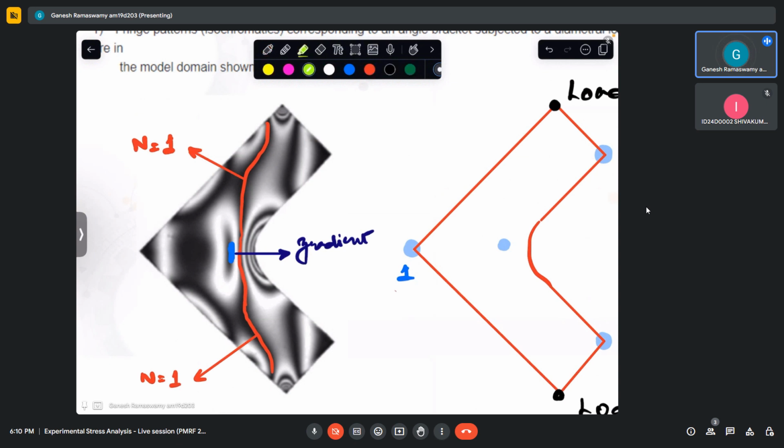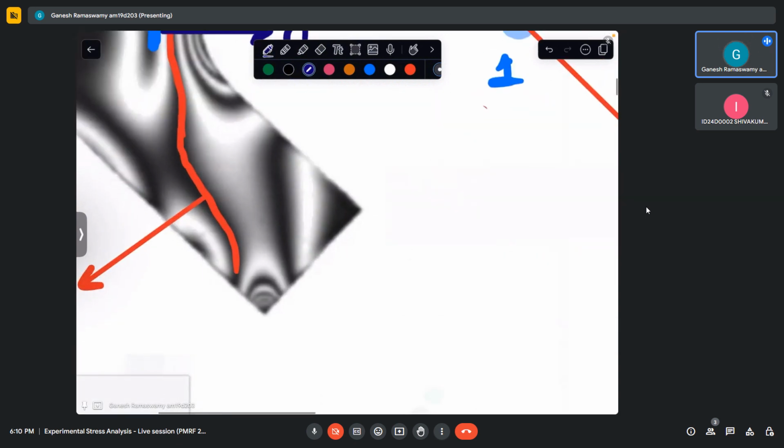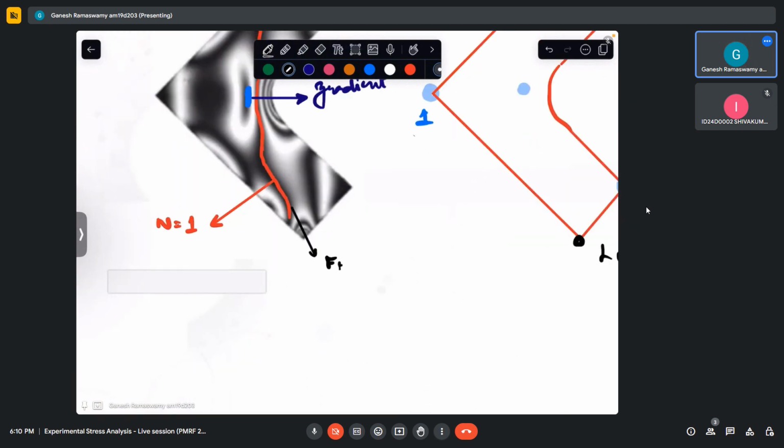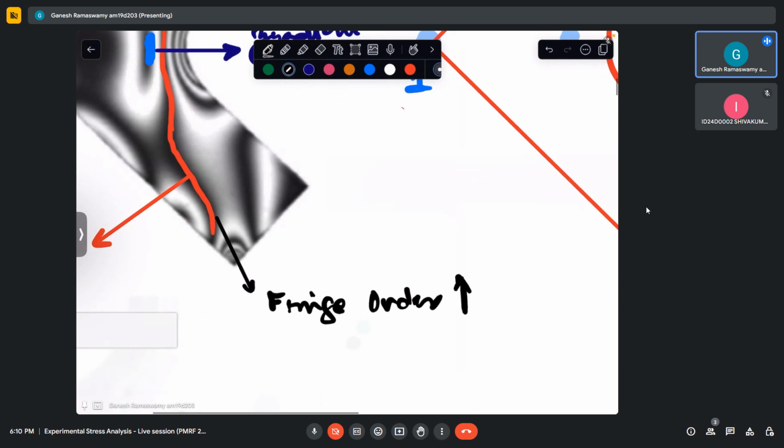And we know that this end is actually loaded. So, it is safe to assume that as we go near that point, the fringe orders would increase. Hence, this is the direction in which the fringe order increases, which means in the opposite direction it has to decrease.